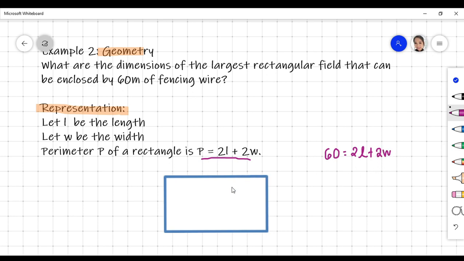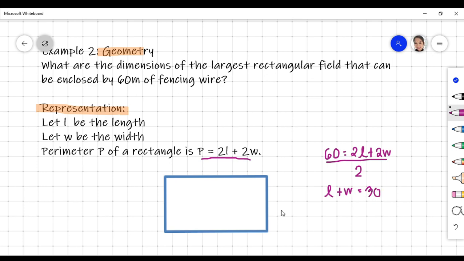So what is the largest rectangular field that we can enclose with 60 meters of fencing wire? Since all of the terms can be divided by 2, we can divide everything by 2 to reduce our equation. So, that is L plus W equals 30.